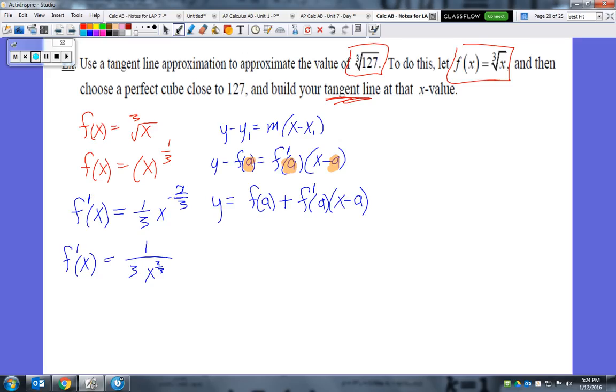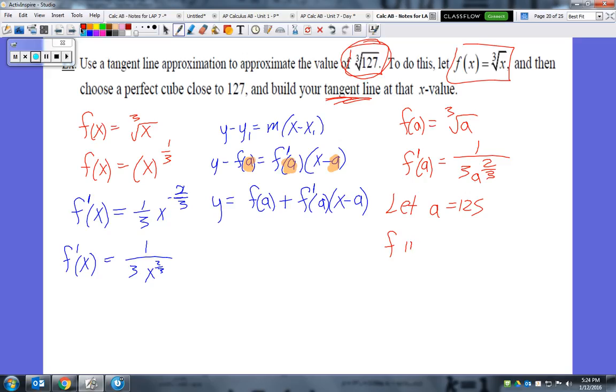Alright, so if I come over here and start working the same example with my cube root of 127, this is how I'll start. f of a is equal to the cube root of a. Therefore, f prime of a is equal to 1 over 3 a to the 2/3. We already know that. We're going to say let a equal 125.